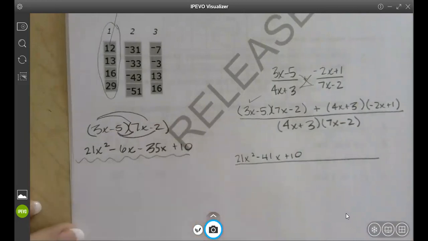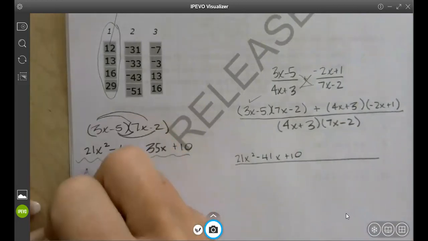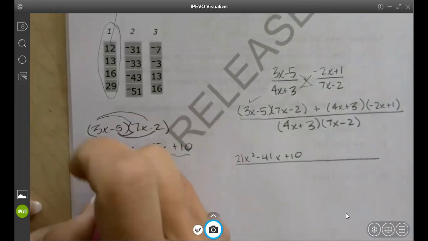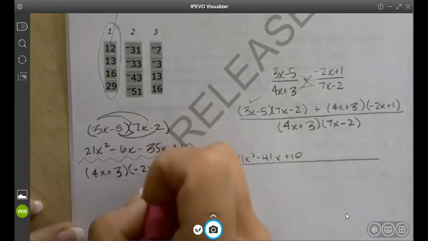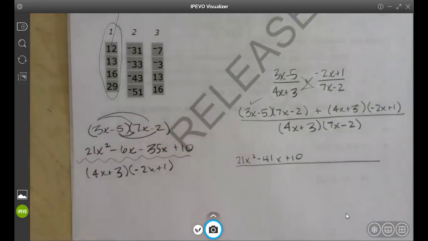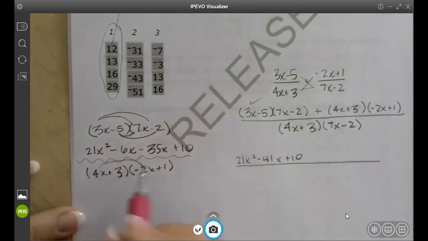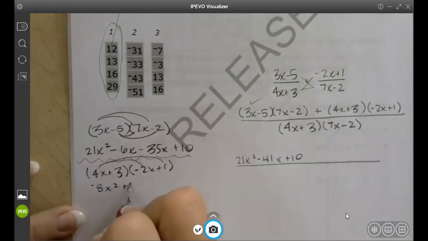Is everybody good? Now I got to do the next one. 4x plus 3. And these questions that you have to do all this work on are few and far between. There's like maybe 3 or 4 of them. Okay, so don't stress out. Distribute your 4x, you get negative 8x squared plus 4x.